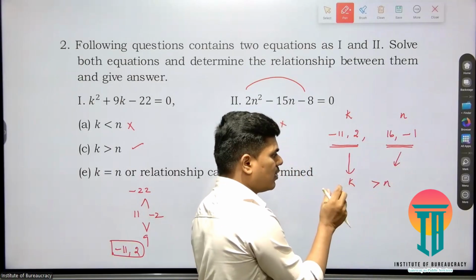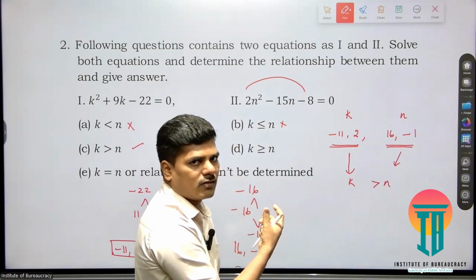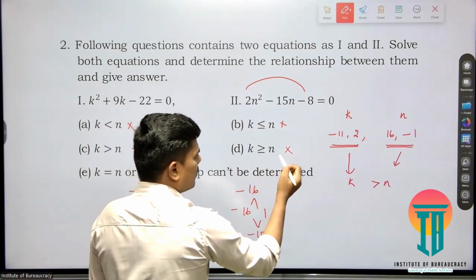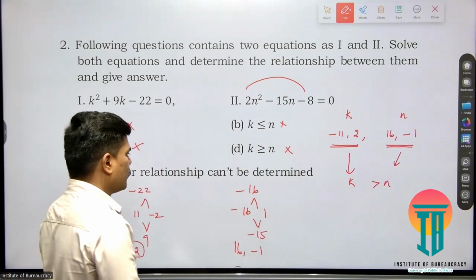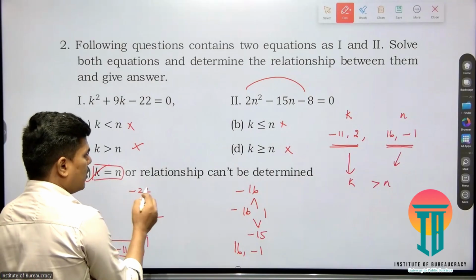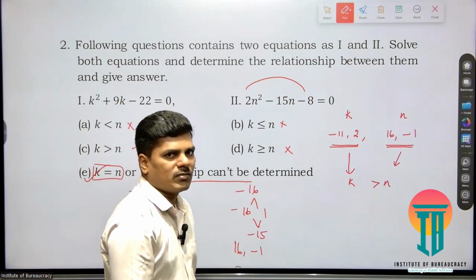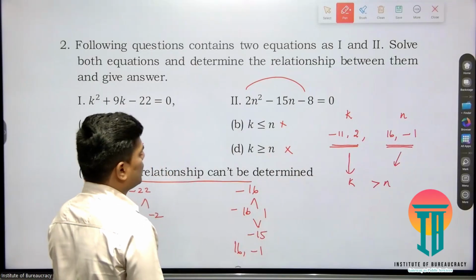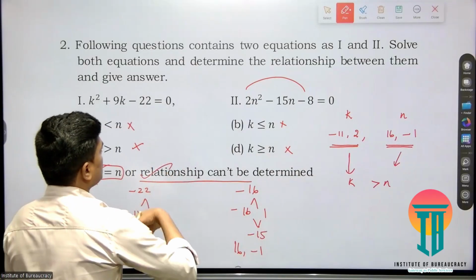If it is satisfied only for a particular value, we cannot answer. So this is also not true. Again, equal to is also not going to work. Therefore, the answer is that the relationship cannot be determined between K and N. That's the answer for the question.